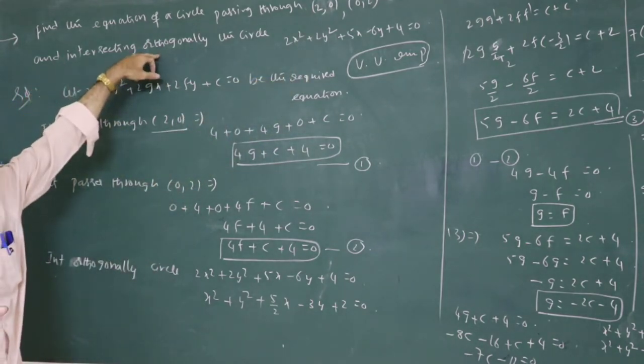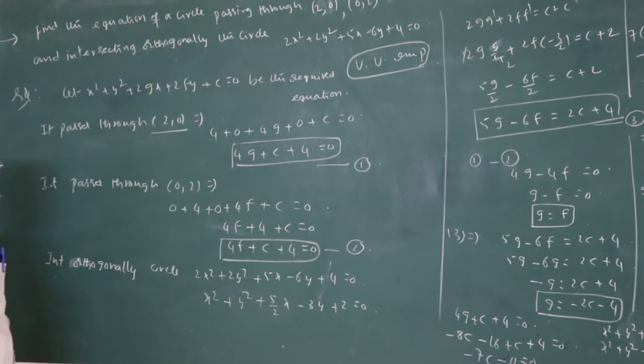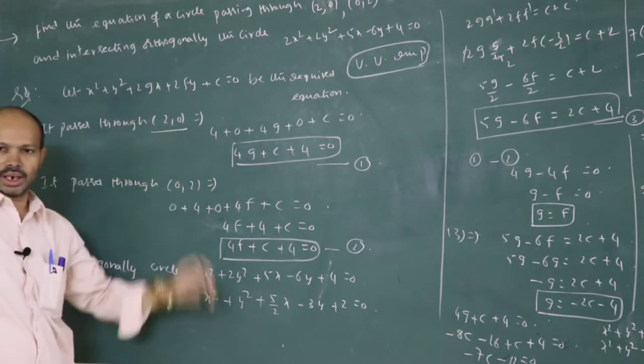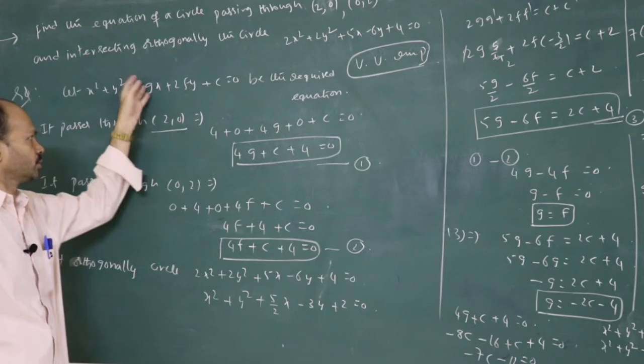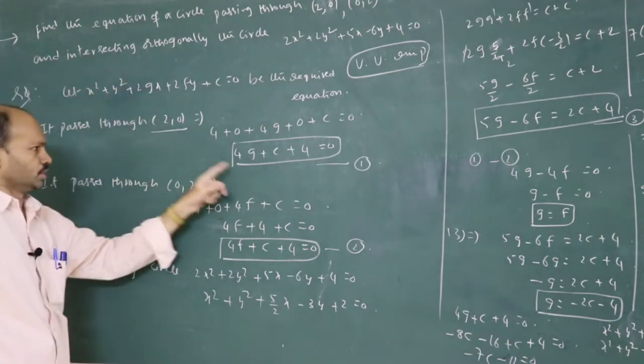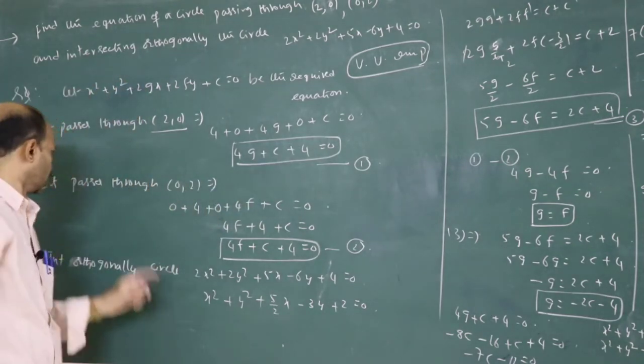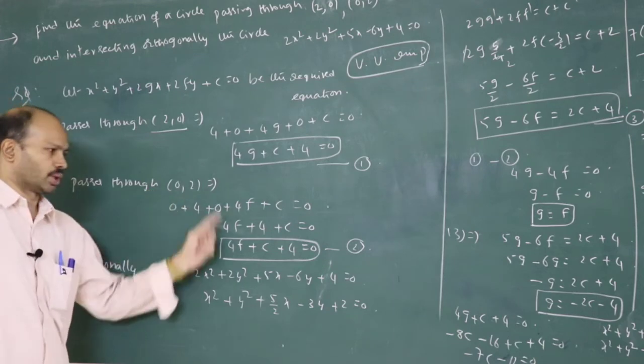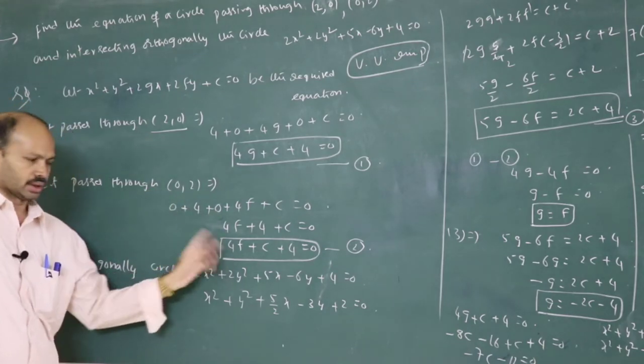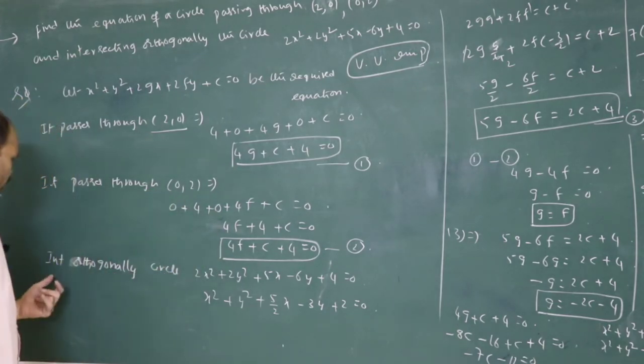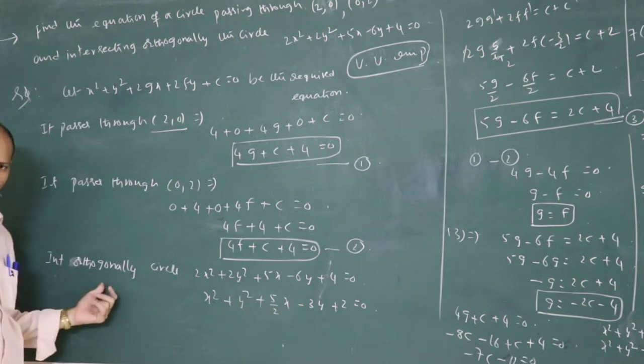This is the general equation. Let the general equation of circle be this, and passing through 2,0, we get one condition. And it was passing through 0,2. It gives another condition.